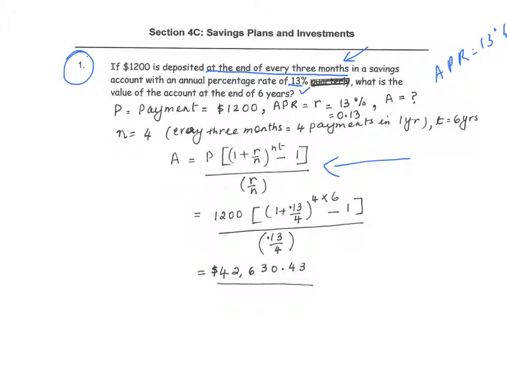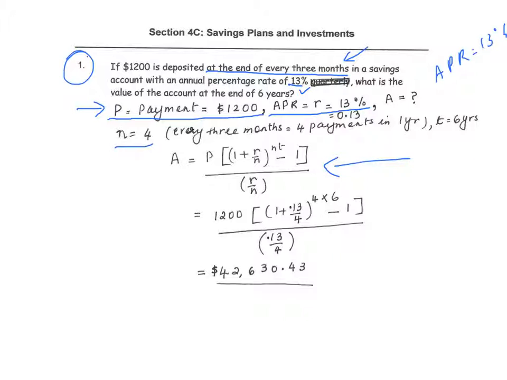So let's write down what we have. P is the periodic payment. Remember that this is a periodic payment, not a lump sum payment, which is called the principal. So a periodic payment of $1,200. APR is 13%, so that's 0.13.